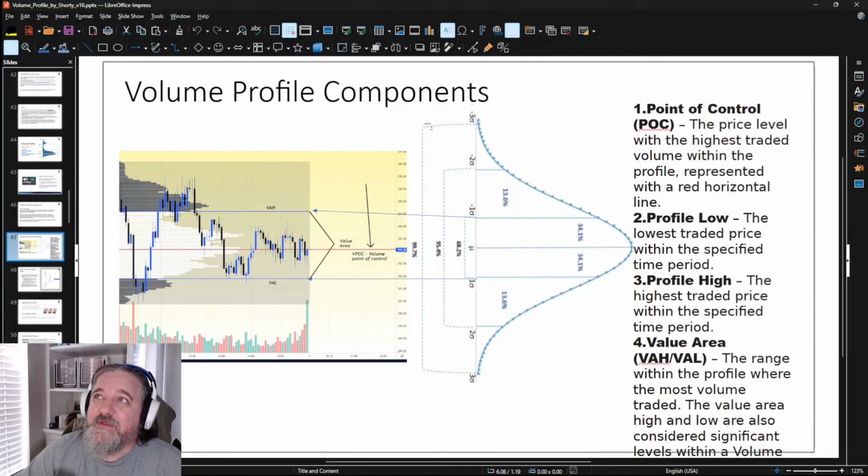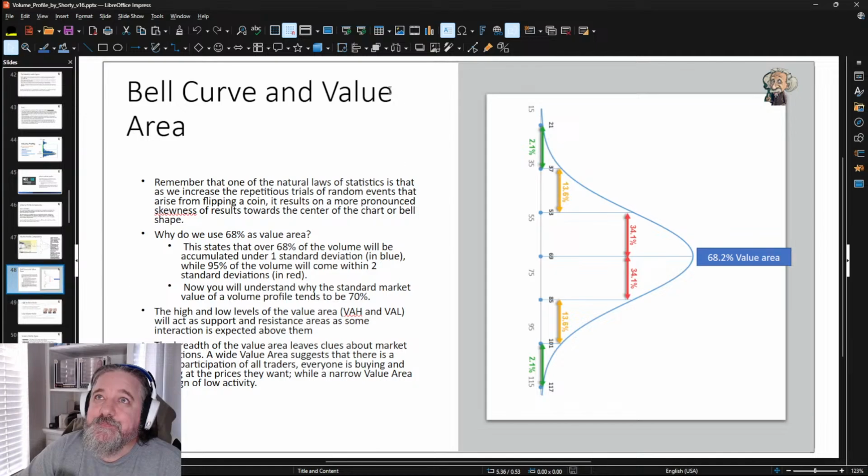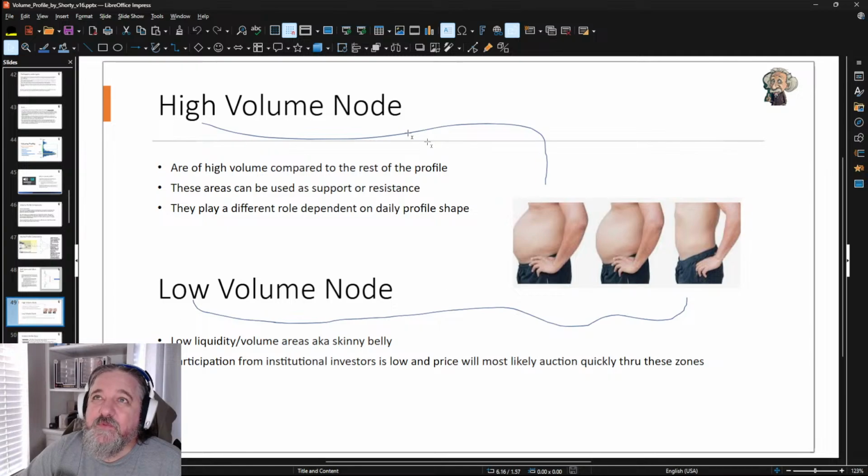And then the 99.7% would be our third standard deviation. If you want to read through all of this, feel free to go back and pause it.